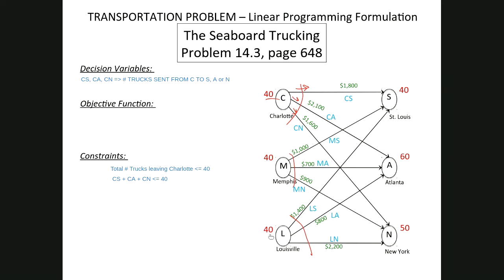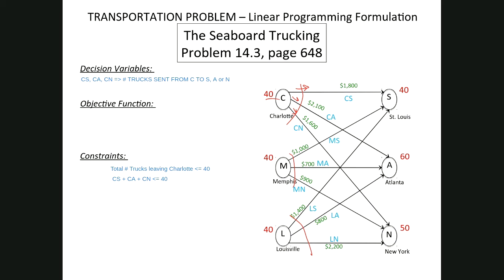Now we're going to look at the terminal side. We're going to look at what's going on at each one of these terminals. And so similarly, you will ask yourself, what's the total number of trucks entering, and we're going to start with St. Louis.